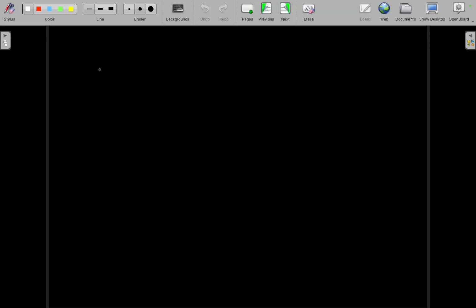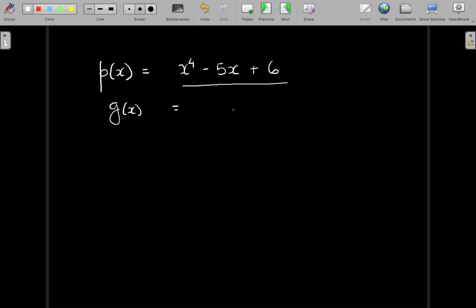So here he's saying that there is one polynomial p of x, and I'm just taking up one example, x raised to 4 minus 5x. It is from your exercise in your book on division of polynomials, and he's saying this is divided by another polynomial which is g of x, and in this particular example g of x is x square minus 2.